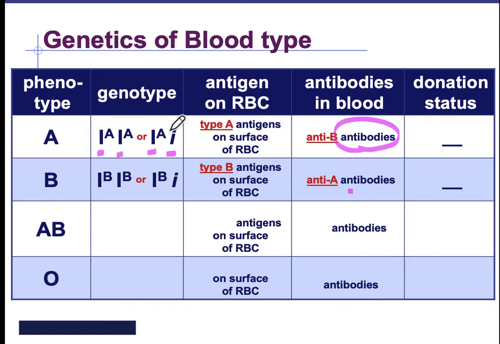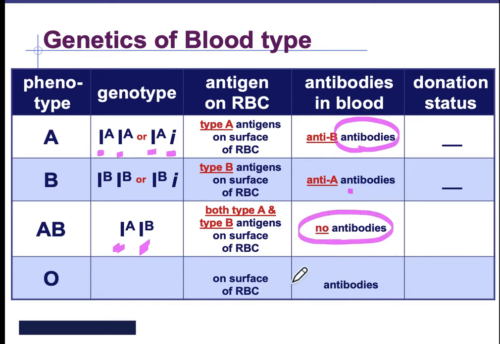So what about AB blood, Mrs. McCourt? Oh, let me tell you. So AB blood has two alleles, one allele for A and one allele for B. We have both type A and type B antigens on the surface of the red blood cells here. And we have no antibodies for blood type.